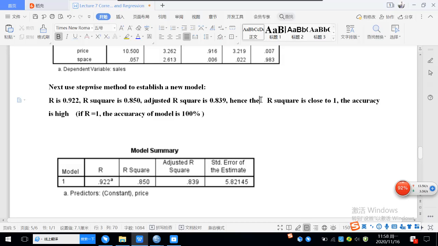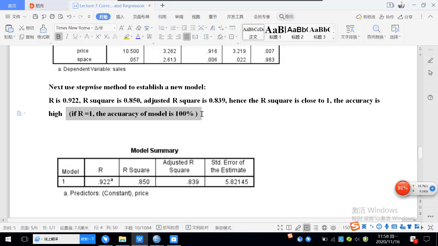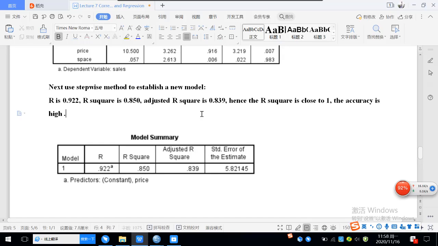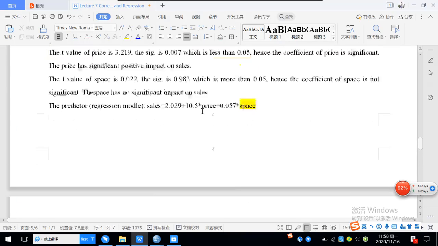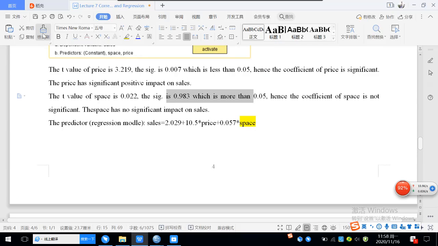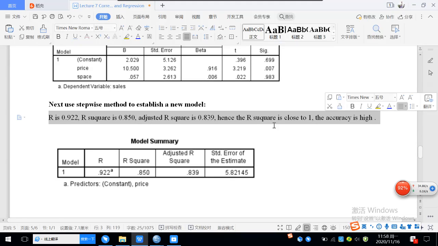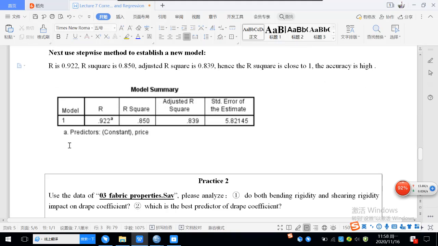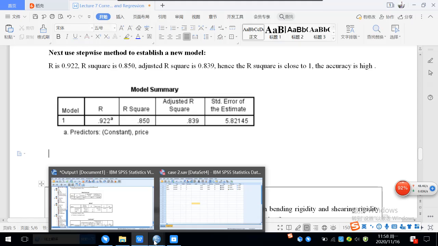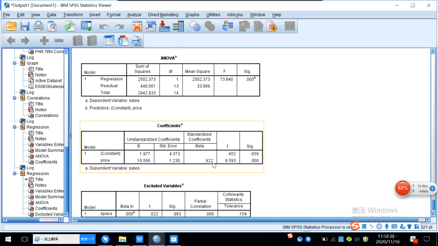Hence the R square is close to 1. The accuracy is high. And then next is ANOVA.